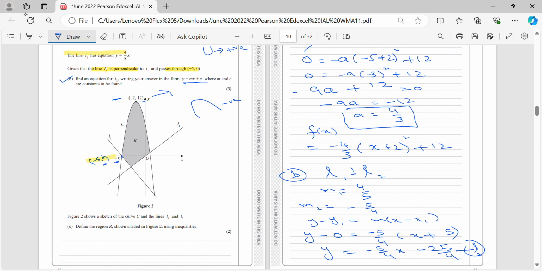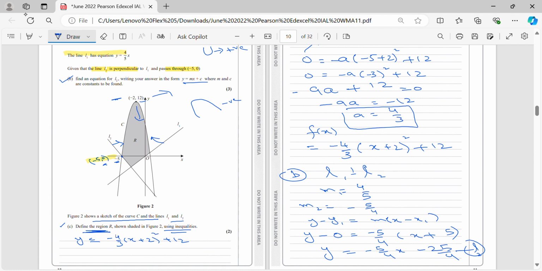And it's time to do part C. Figure 2 shows a sketch of the curve C and the lines L1 and L2. Define the region using inequalities. If we look at the region, it is shaded under the curve, above L1 and above L2. Under the curve means y is less than or equal to the quadratic expression we have, minus 4 over 3 (x plus 2) squared plus 12.